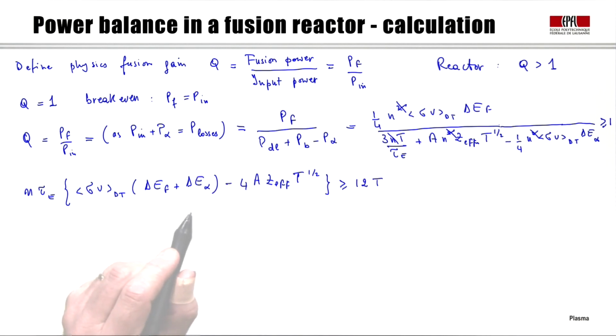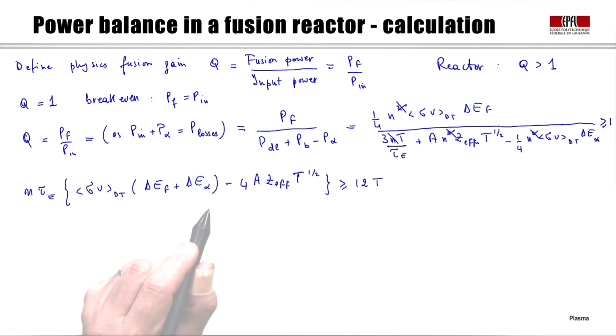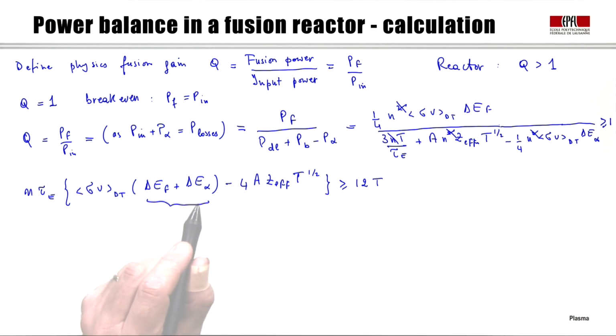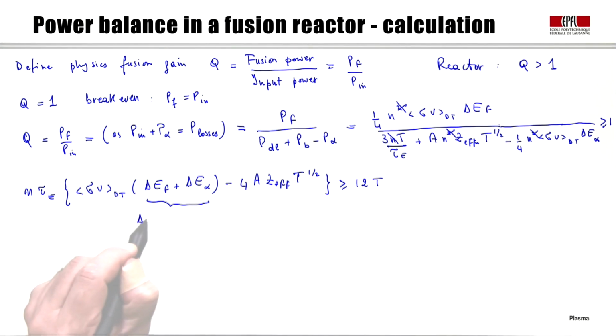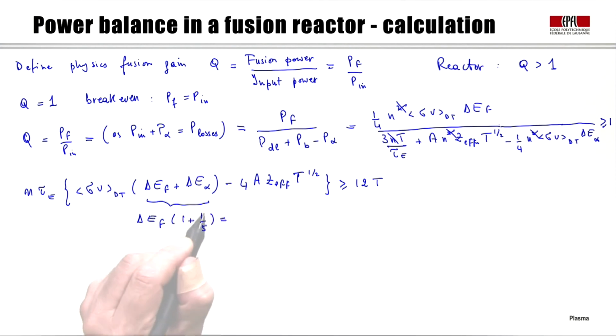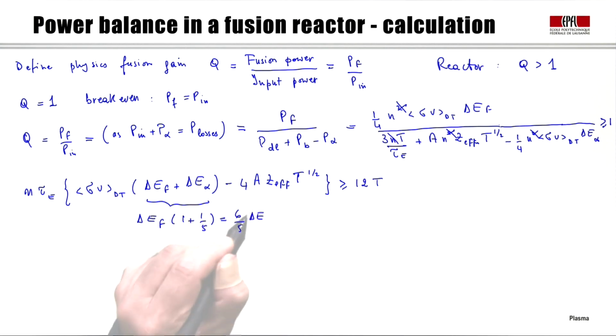I notice that the sum of the total energy output of a single reaction and the alpha particle output of a single reaction appears here. But we know that the total energy output of a single reaction is about 5 times the energy carried by the alpha. So I can write this as delta E_F times (1 plus 1/5), which of course is 6/5 delta E_F.